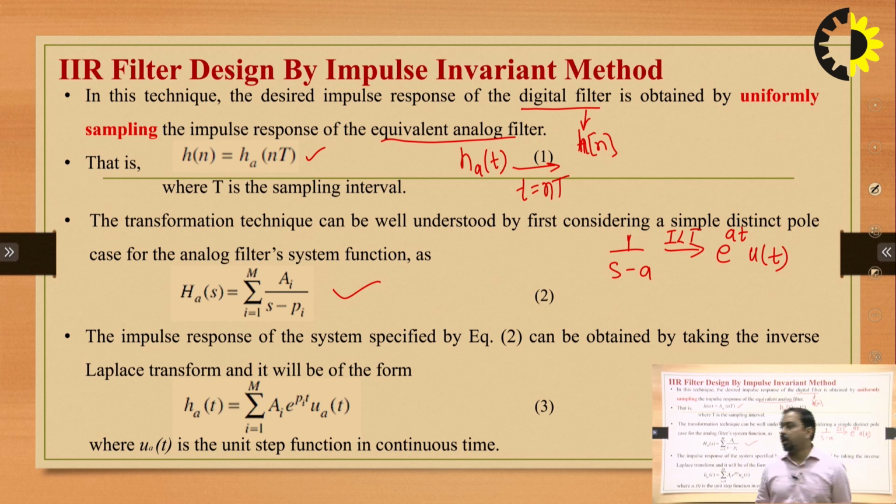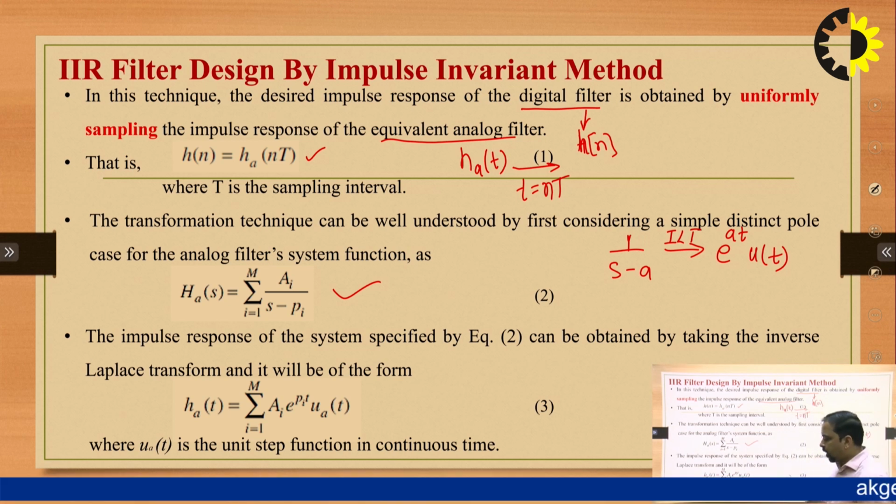So, we have u of t over here. If we obtain the impulse response for A_i divided by s minus p_i, we will have A_i e raised to power p_i t times u of t, where A is associated with the analog filter, and u of t is a unit step function in the continuous domain. So, this is our third equation, obtained by applying the inverse Laplace transform.